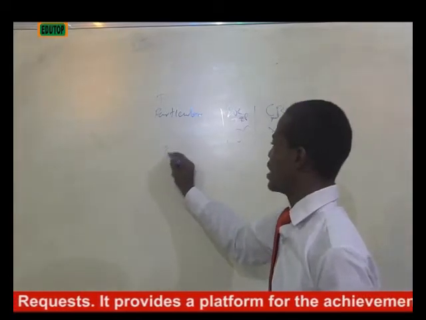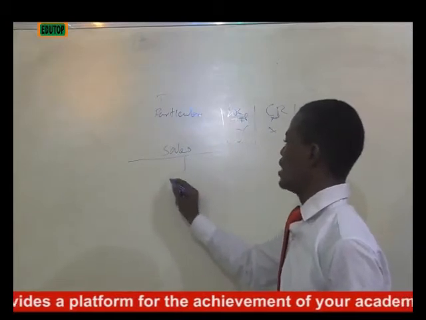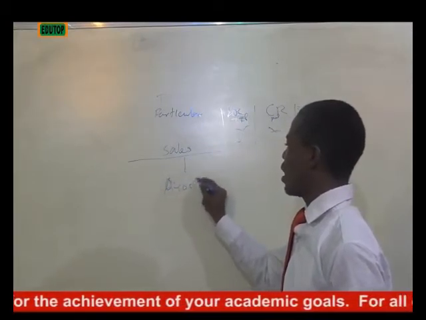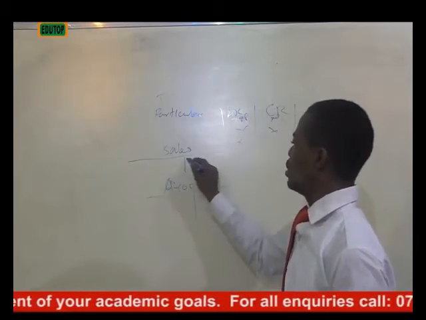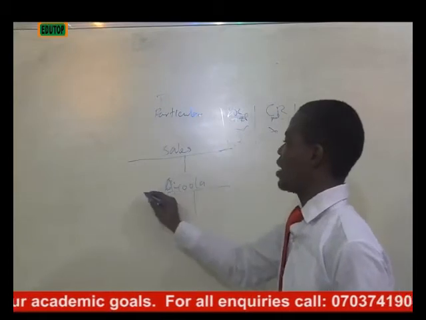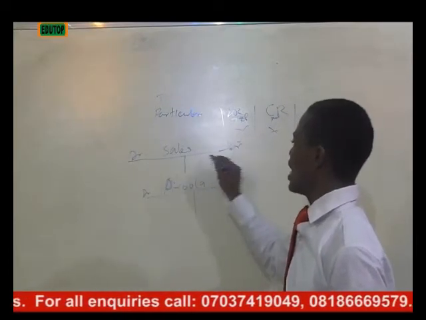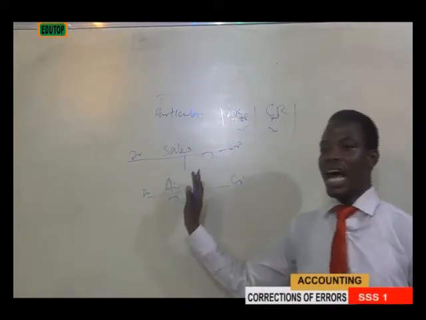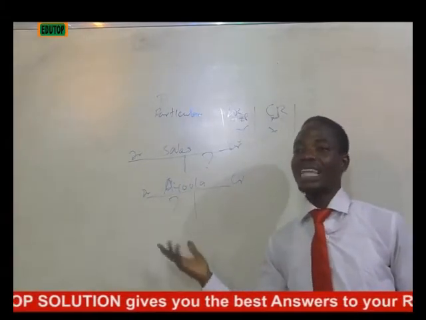Let me give you the ledger. This is the sales account, and this is Ayola's account. So sales has to be credited and Ayola's account has to be debited. This is what you can use to represent when an account has been omitted.